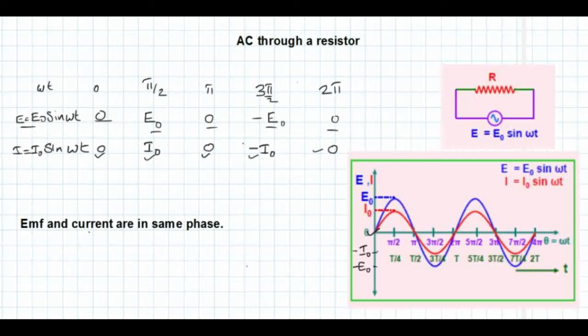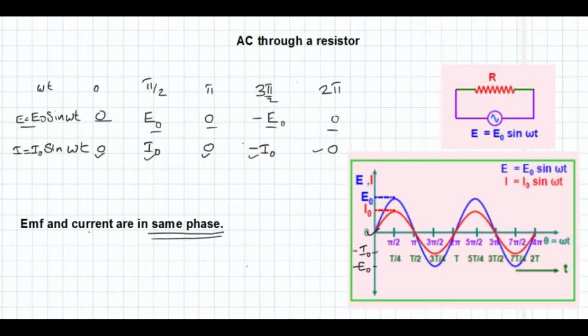The difference can be easily seen when AC passes through an inductor, capacitor, etc. In that case we can see the EMF and current are not in the same phase. Okay, so this is the case of AC through a resistor.